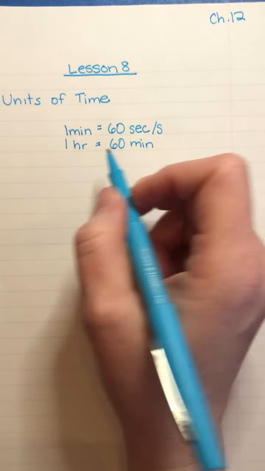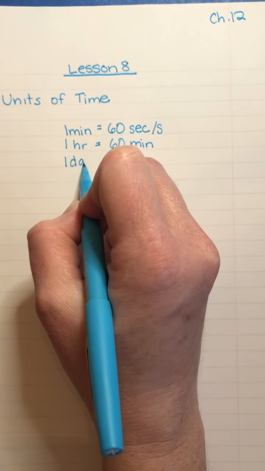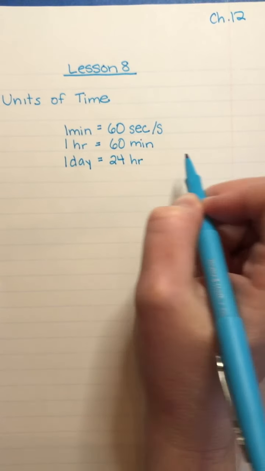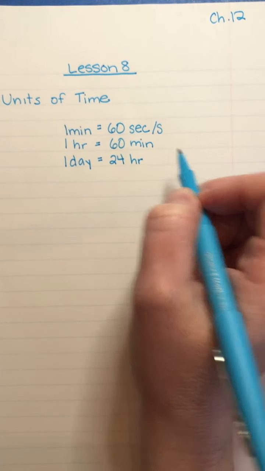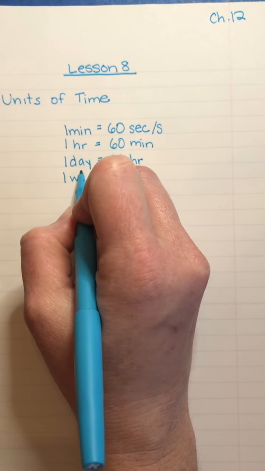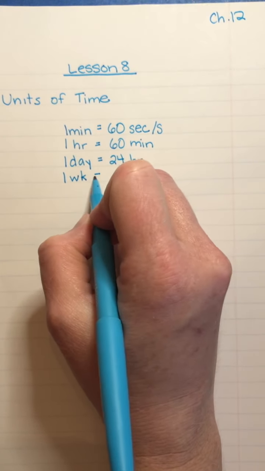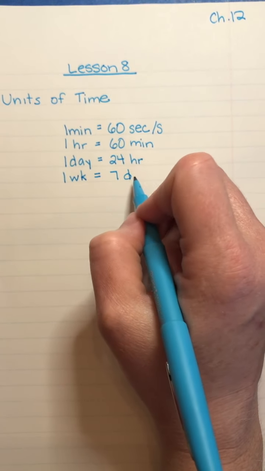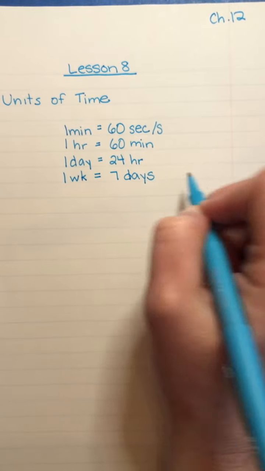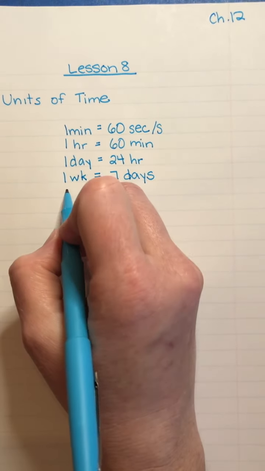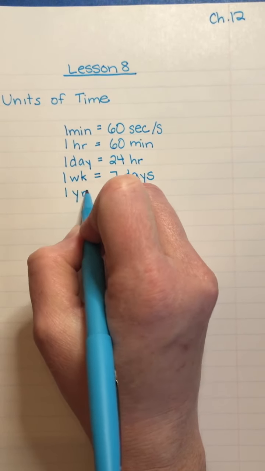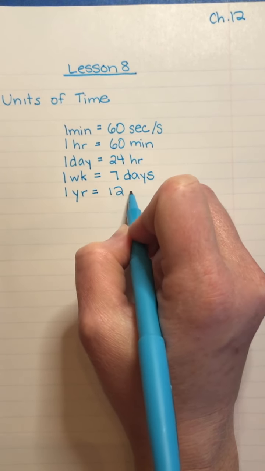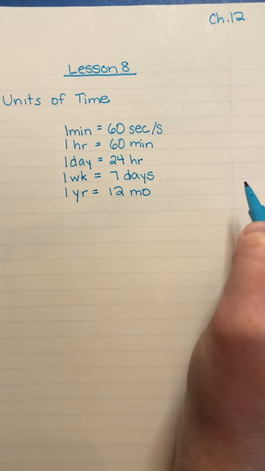Okay. We need to know that 1 day is equal to 24 hours. We need to know that 1 week, and that would be WK, 1 week is equal to 7 days. And days you don't really shorten, you can just write it out as days. Okay, and then we've got 2 more. 1 year, we say YR, 1 year is equal to 12 months, and months would be MO.